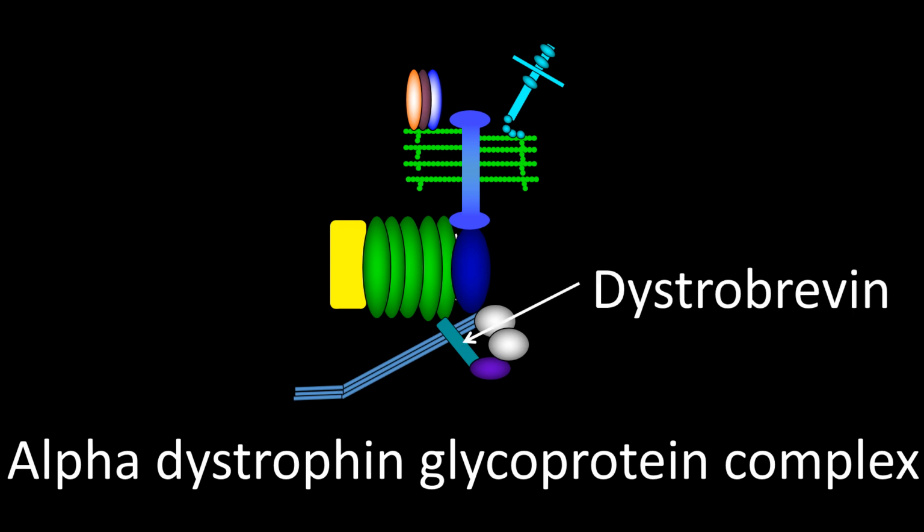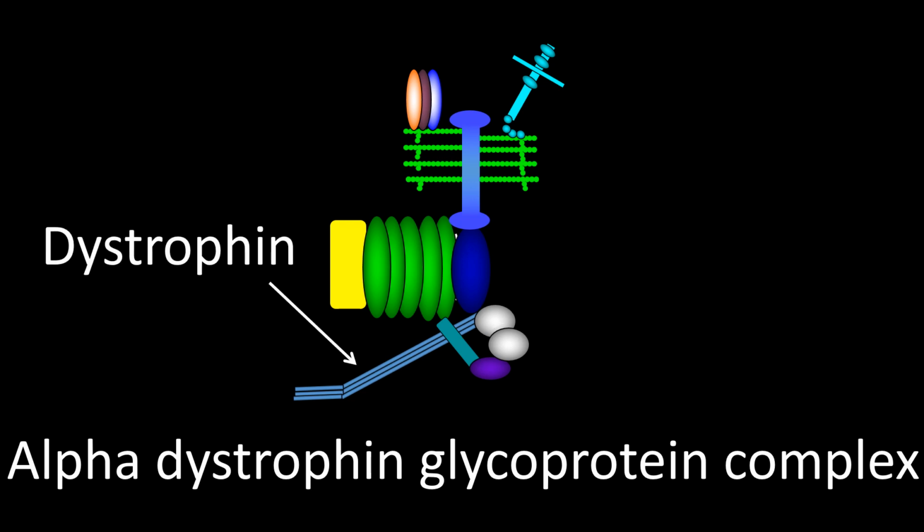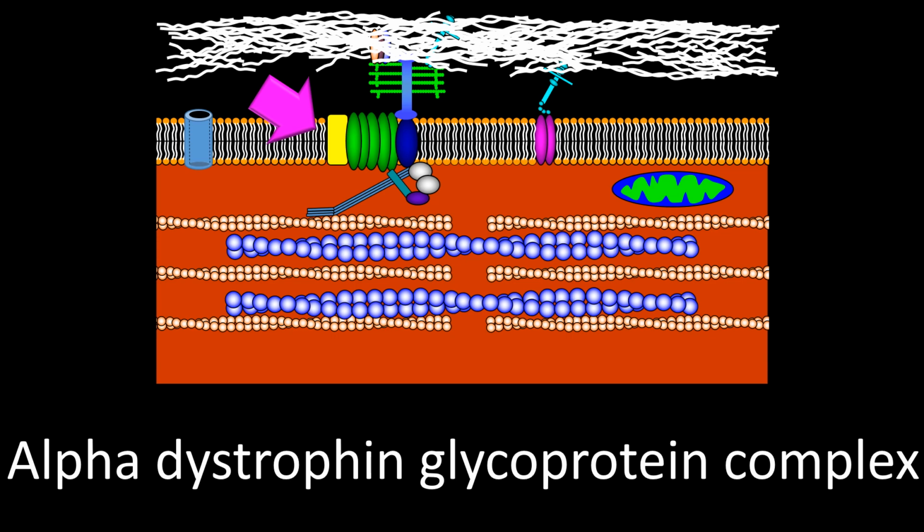Another compound is named dystrobrevin, and the last and most important for our discussion is called dystrophin. So we have mentioned all the elements of the alpha-dystrophin glycoprotein complex.